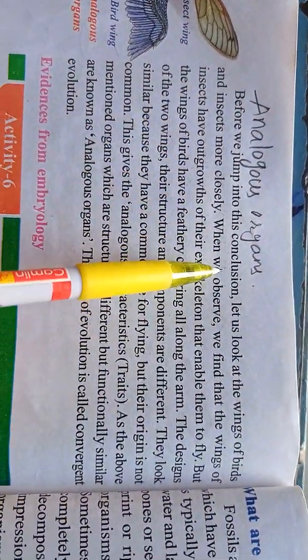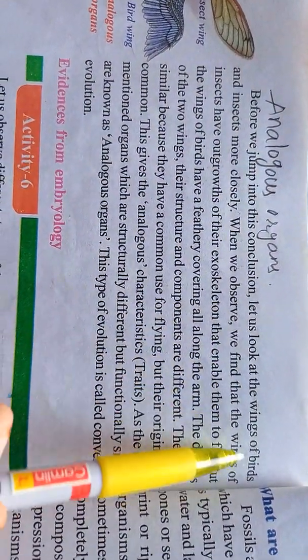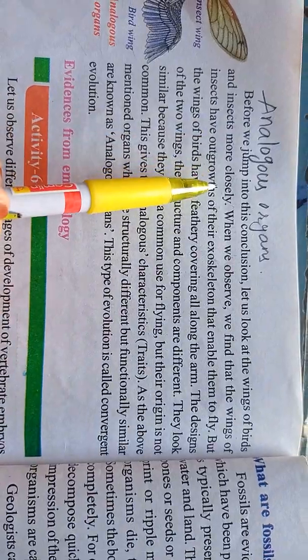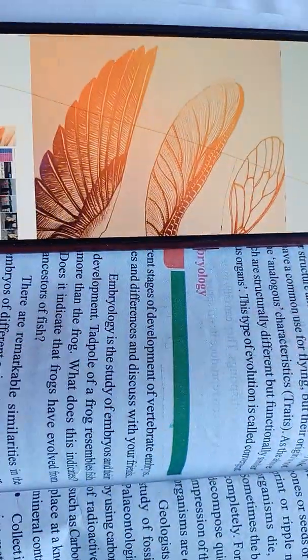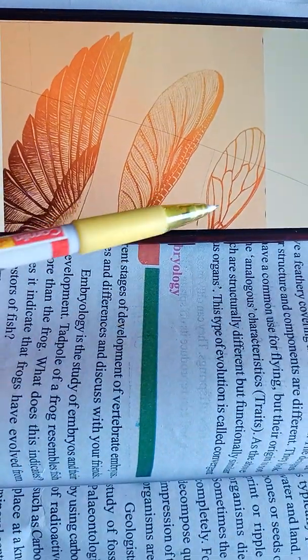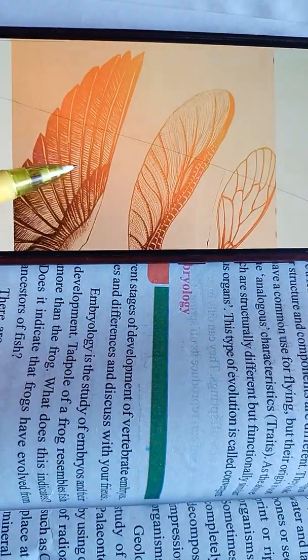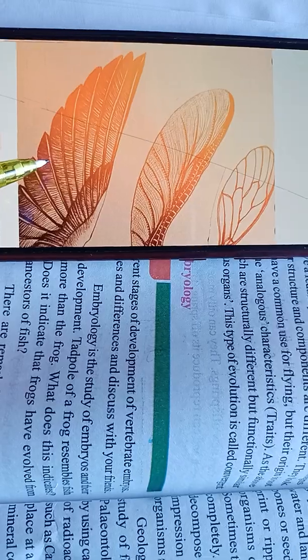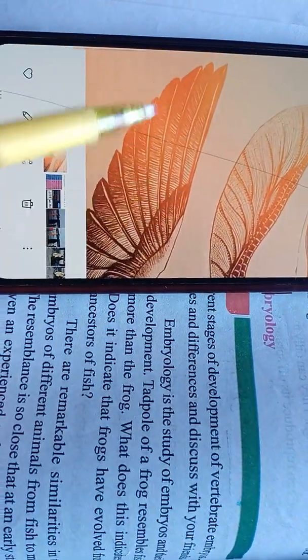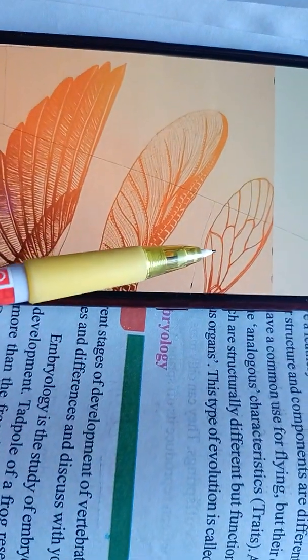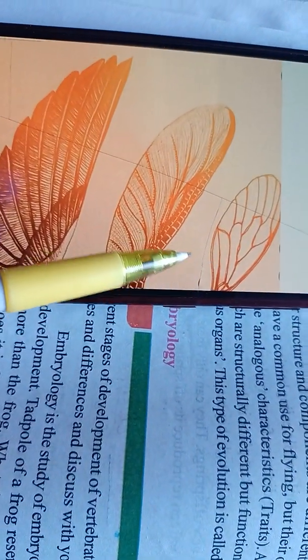Before we jump to this conclusion, let us look at the wings of birds and insects more closely. See here, this is the insect's wing and this is the bird wing. See the difference? Birds have feathers, but insects don't have any feathers.